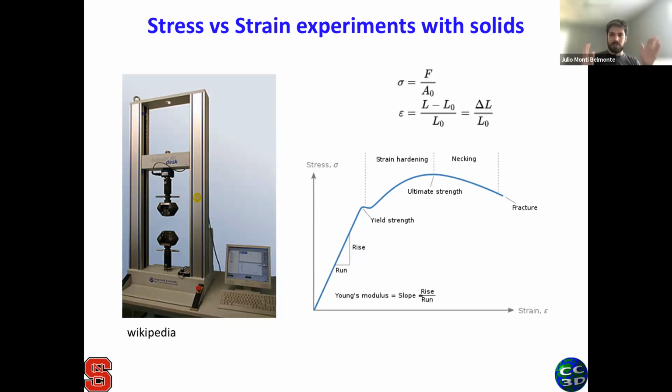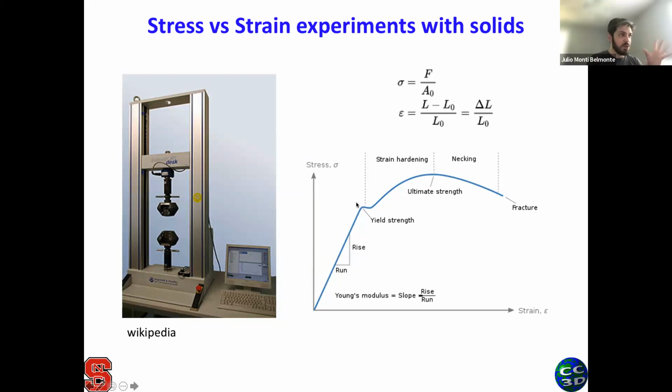But if you reduce everything by force per area and deformation divided by the initial length, then you are measuring the characteristics of the object. It doesn't matter if the object is this size or much fatter. What you get at the end is what's called the Young modulus, which is a characteristic of the material itself and not the material plus its geometry.